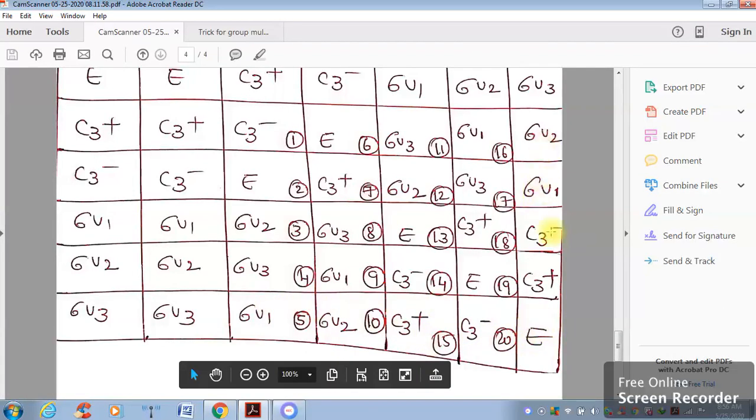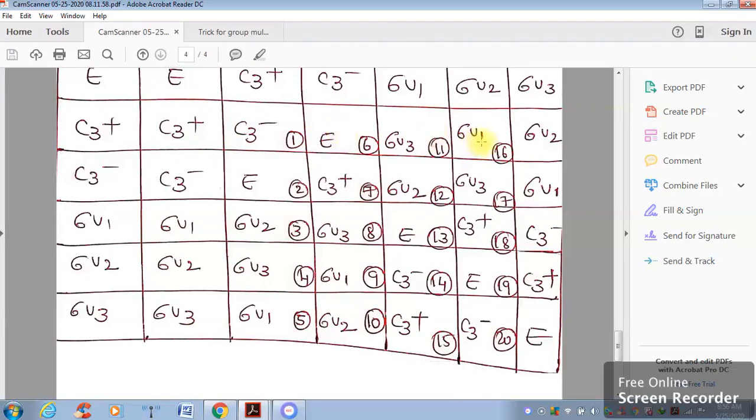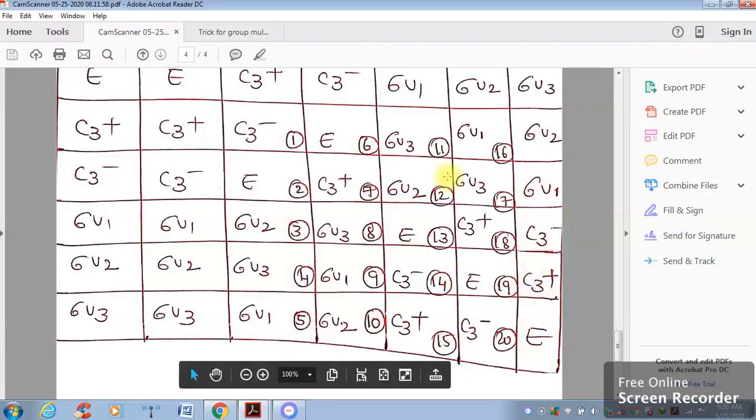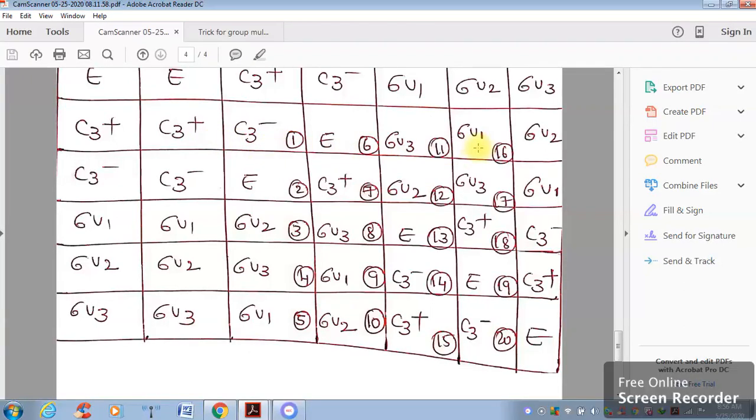The remaining portions are filled here. How? See, here we have different symmetry elements. The remaining symmetry elements should be written in these boxes. Here we have C3 minus, E, sigma V3, sigma V1. The remaining symmetry element is sigma V2. Right, sigma V2.